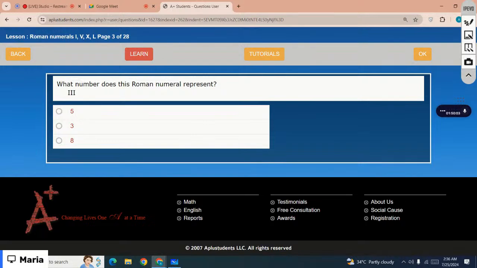What number does this Roman numeral represent? So which number is it? The correct option is, yes, 3 is the correct option.